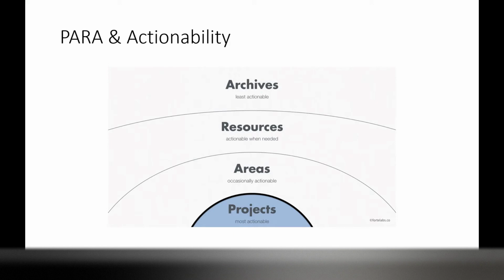Whatever we will not use right now, we will move to something else. So I can simply move from projects to areas. If I'm not using it occasionally, then I'll move it to resources, because resources is just ongoing research or interest. And whenever something is done or completely inactive, it's moved to archive.